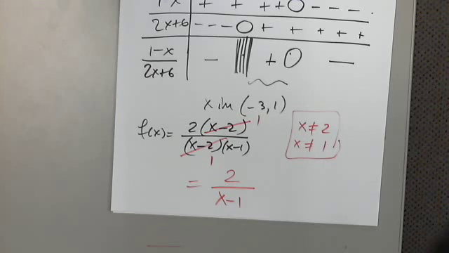Okay, type 1 is same degree over same degree. Degree 2 over degree 2, degree 1 over degree 1, degree 3 over degree 3. What is important about type 1 is that the horizontal asymptote is the ratio of the leading coefficients. For type 2, higher degree, stronger in the denominator.